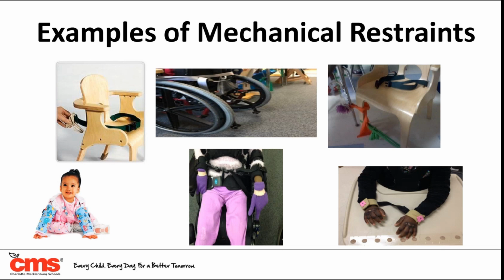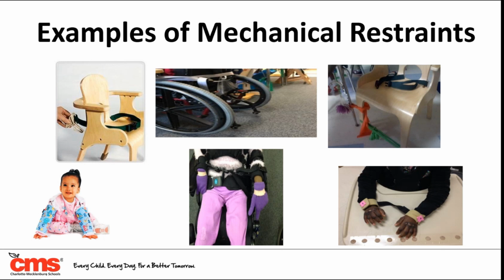So there would be a lap belt, possibly a chest restraint, something to hold them in place in that chair. And we know that sometimes these things are for trunk support, and that would be noted in the IEP as well. It's important to make sure that we're including these things on the IEP for how they're being used.